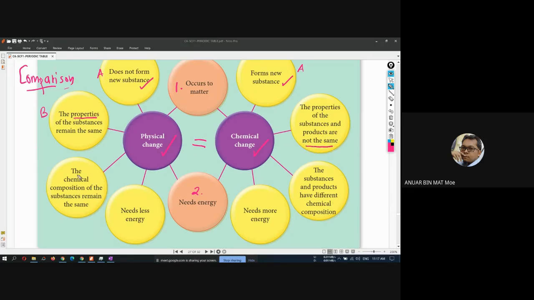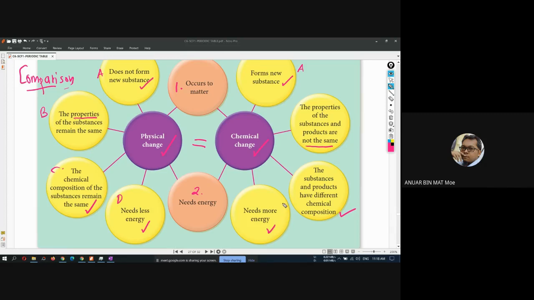And then C. For physical changes, the chemical composition of the substance remains the same. But in chemical changes, the substance and product have different chemical compositions. And for D, physical changes need less energy. Chemical changes need more energy.